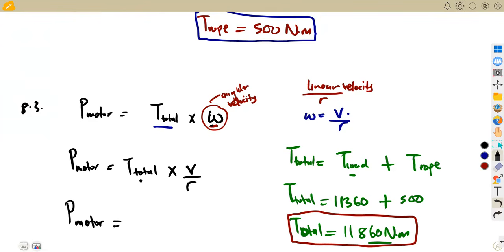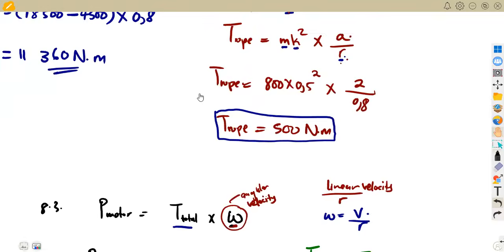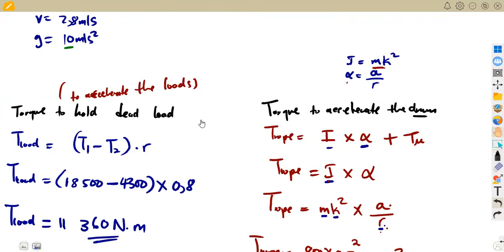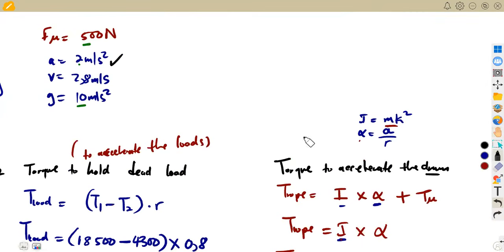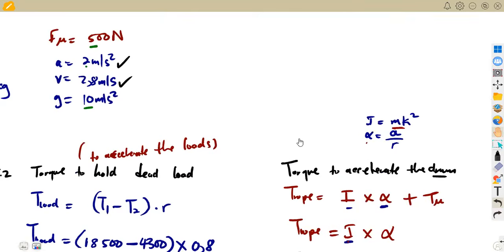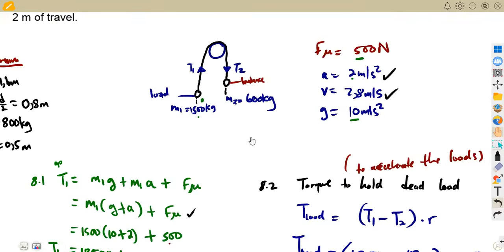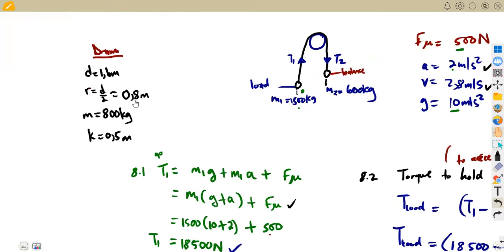The total torque, we have it: 11,860, multiplied by the velocity, which is the linear velocity over the radius. So we're talking about the linear velocity this time. Our linear velocity in meters per second is given as 2.8. And remember, the radius here is 0.8. We are using the actual radius. So it's going to be 2.8 over 0.8.